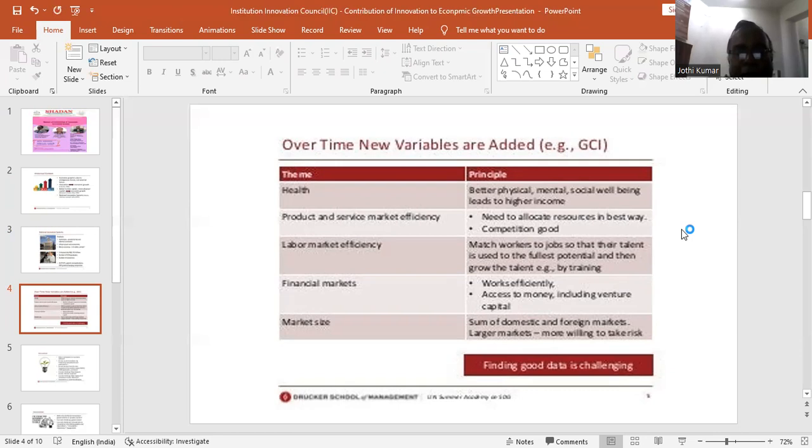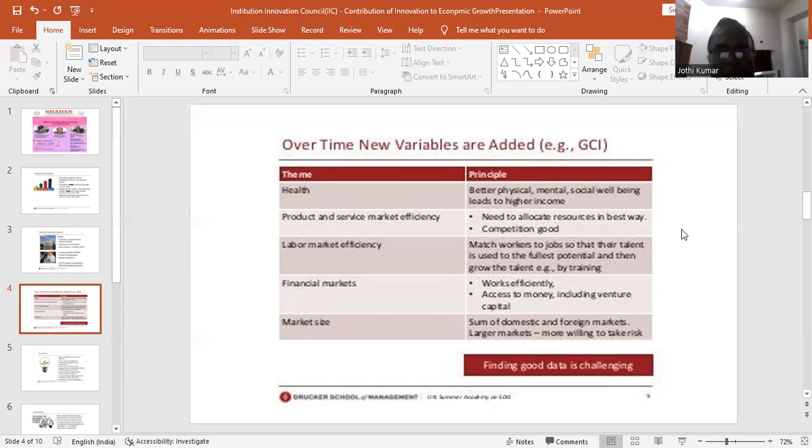Then for product and service, the resources must be allocated to the product and service, and the competition must be good so that we can allocate the resources.